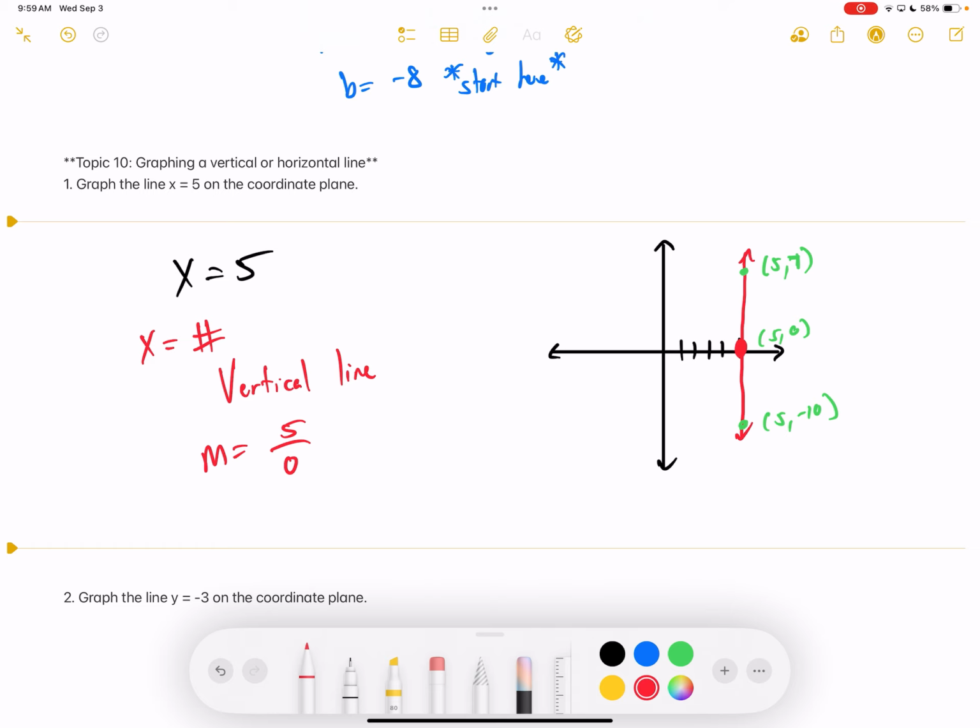Well, 5 divided by 0 is undefined. You cannot divide by 0. So when you see x equals a number, you know that it is a vertical line and the slope is undefined. Those all go together.